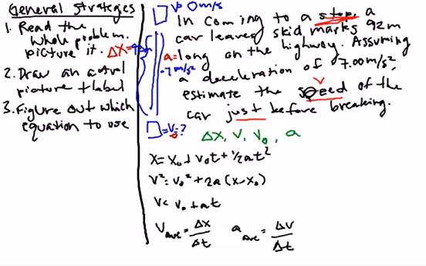So you can start by looking at this one. This has an x and an x0 together. If you subtract those, you do get your delta x. So we have that. We have a v0. We have an a. We're missing a velocity that we should have, and we have time, which we don't know.